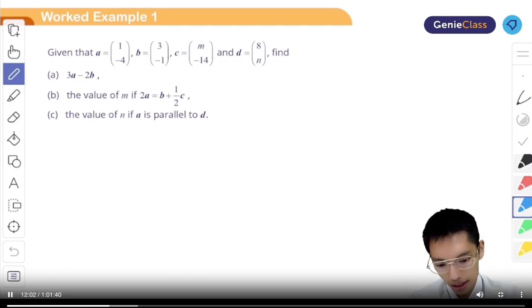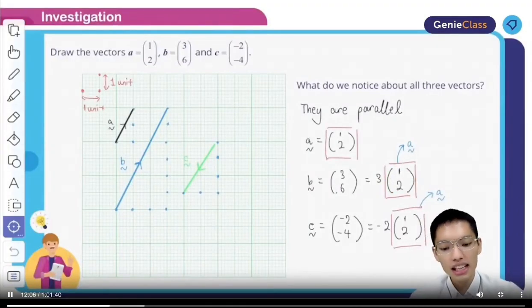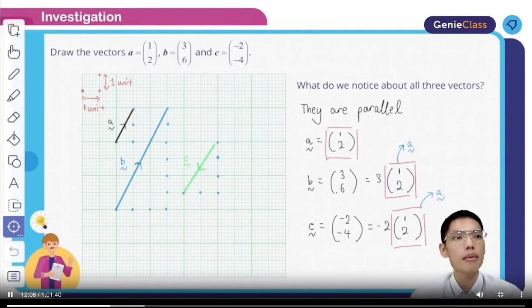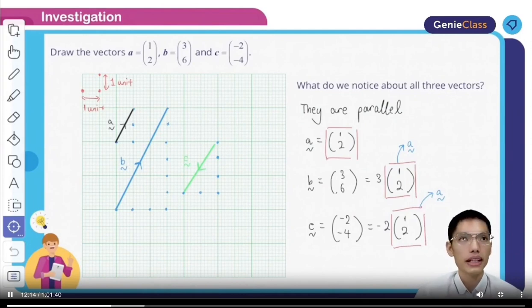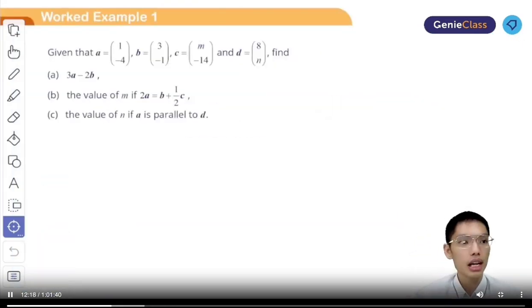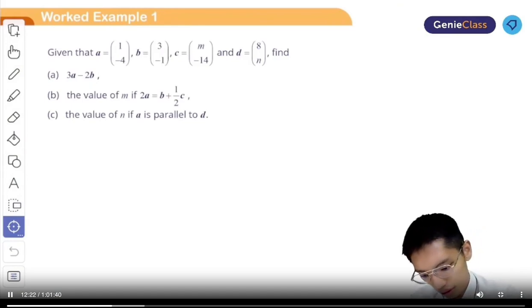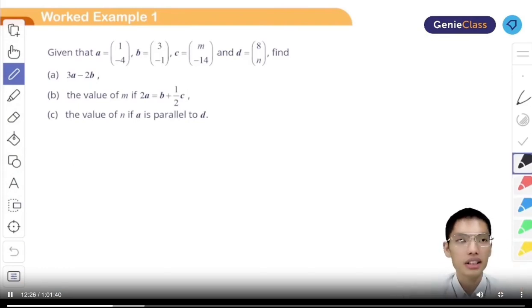Back to Fion, if you factor out A, there is another vector that is the same here. So that's why they're parallel. And it holds true because this is the property of what it means for vectors to be parallel. I hope I've answered your question clearly, Fion. Alright, glad to hear, Fion. Thank you for your response.